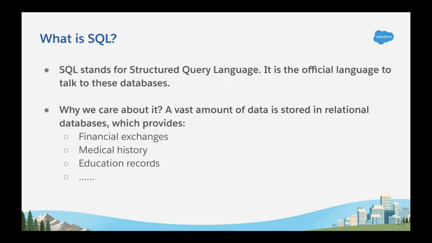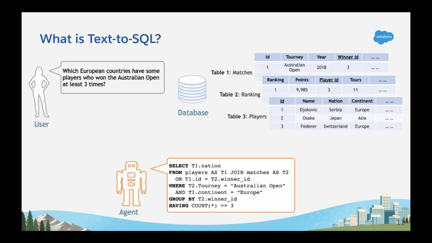But a lot of people don't know SQL. How can we solve it? They need text-to-SQL. What is text-to-SQL? Text-to-SQL has three elements. First is the user, who asks questions for their purpose on the database. Second is the database, which stores the database schema for the tables and the values.